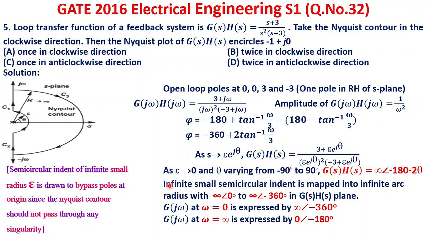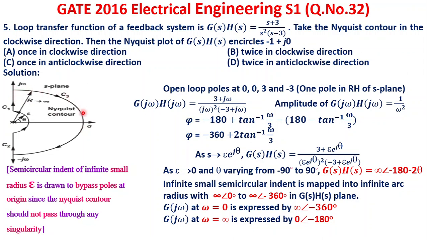Therefore, as epsilon tends to 0, theta varying from minus 90 to plus 90, the infinitely small semicircular indent is mapped onto an infinite radius arc. I have already told in the Nyquist stability lecture series that the infinite arc radius of the Nyquist contour is mapped onto the origin if the number of open loop poles is greater than the number of zeros.